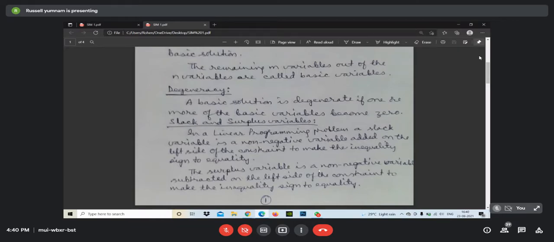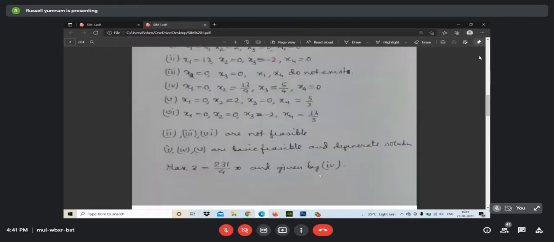The surplus variable is a non-negative variable subtracted from the left side of the constraint to make the inequality sign into equality. Both are positive, but one is to be added and another is to be subtracted. Why it is so? I will explain here now.